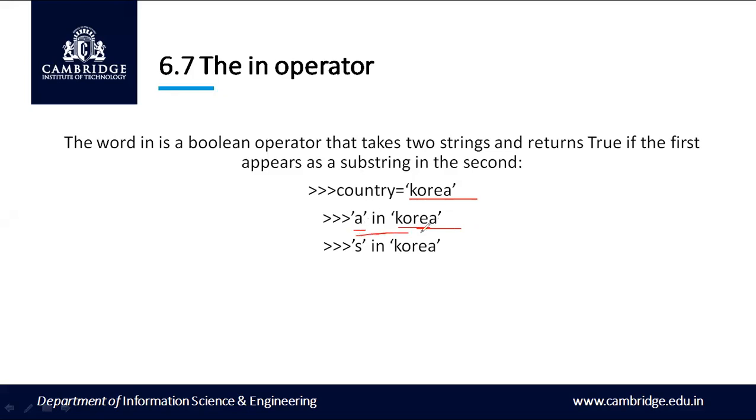Here, according to this example, A is present in Korea, so the output for this statement will be true. Similarly, in another example, we are going to check whether S is present in Korea. S is not present in Korea, so the output will be false. So that is about the in operator.